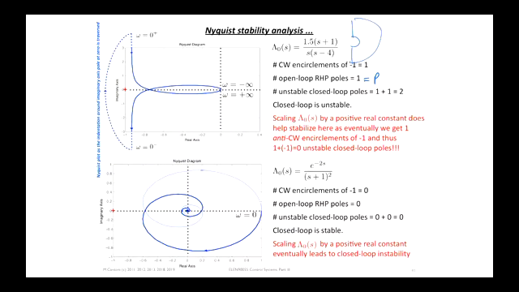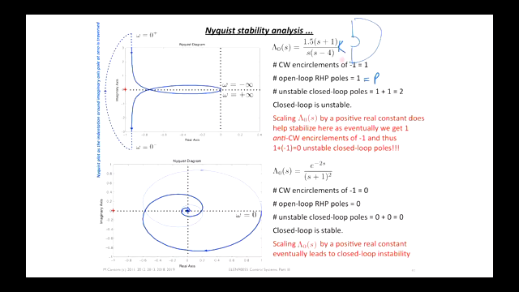All right. Now, let's say we scale this again by a positive constant. That's going to shift that point to the other side of the critical point. And if we shift that to the other side of the critical point, it's like having the critical point inside here. And in that case, you would get an encirclement of the critical point in the anti-clockwise direction.